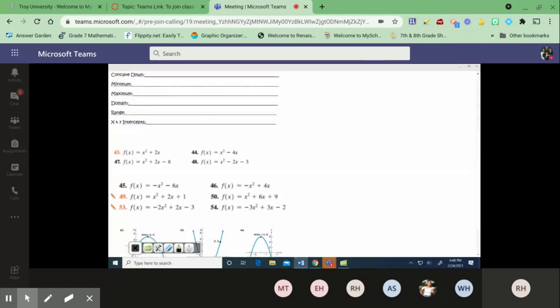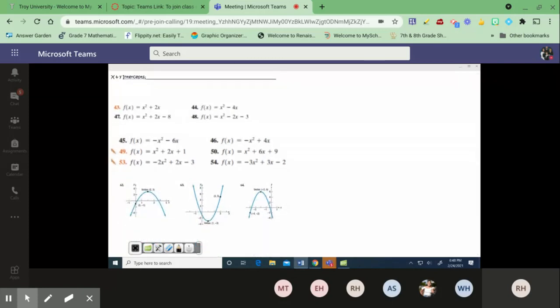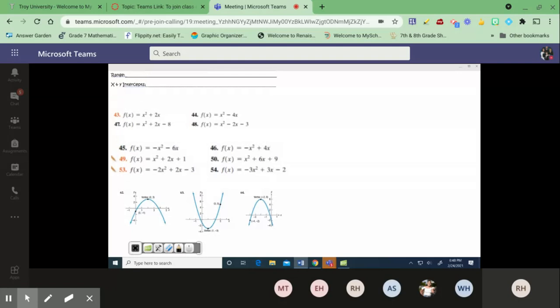All right. After that, we have to take a vertex and a point, and we have to get back to the quadratic. So we got to work everything we did just backwards.